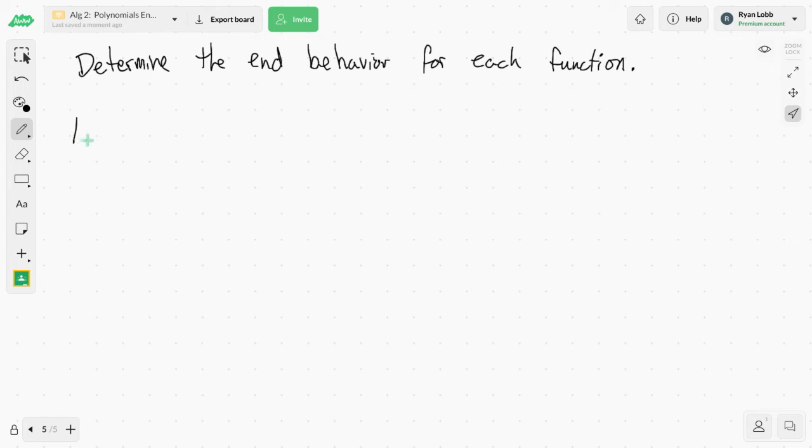Okay, so let's go with this first function here, and let's make this one f of x equals negative 2x to the fourth plus 3x squared plus x plus 5.